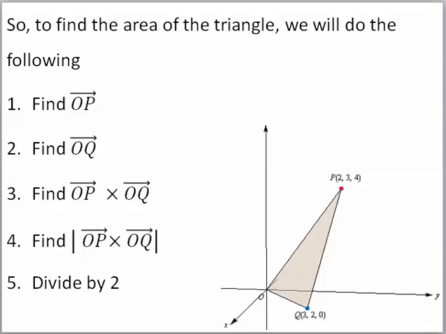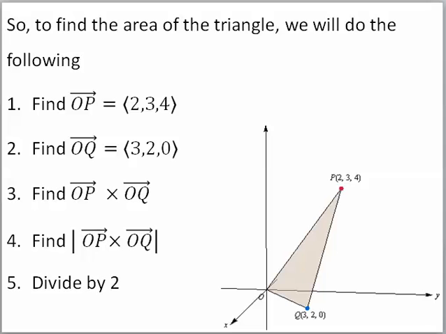Then we will find the cross product OP cross OQ. Then we will find the magnitude of the cross product. The magnitude of the cross product gives us the area of the parallelogram defined by OP and OQ. Now we want the area of the triangle, so we will divide our result by 2.